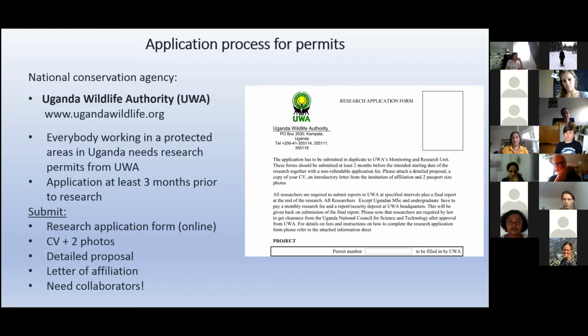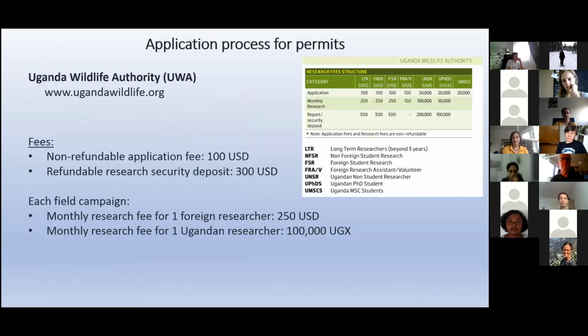You have to prove that you have local collaborators, and you need support letters from these people. That's the first step if you want to plan working in a protected area. You then have to pay certain research fees, an application fee of $100, and put up a deposit, which you get back once you finish your project and submit your final report.